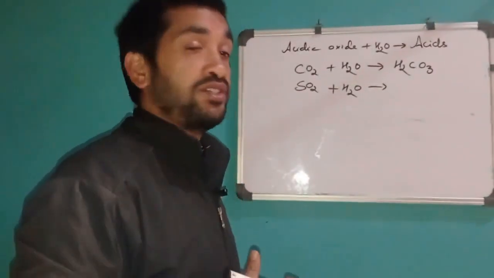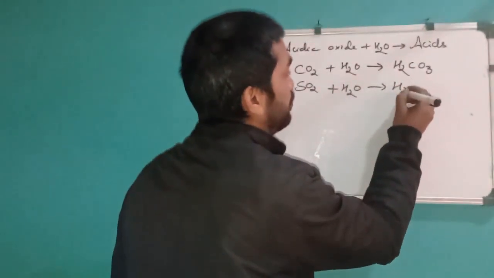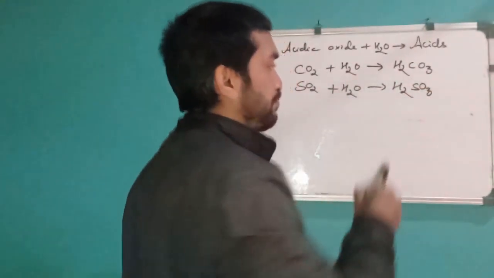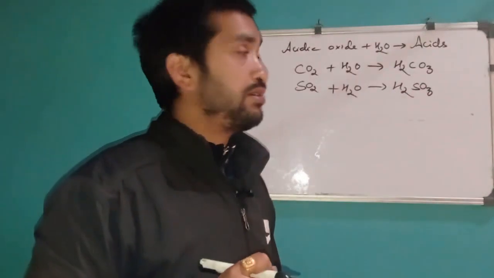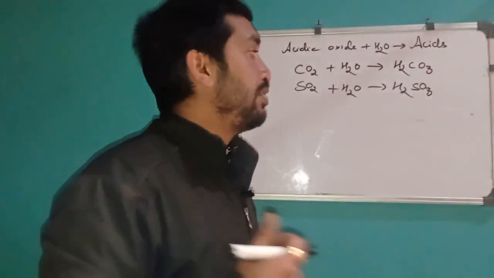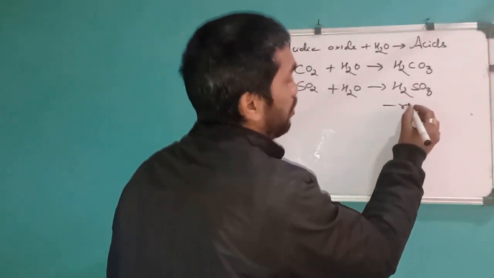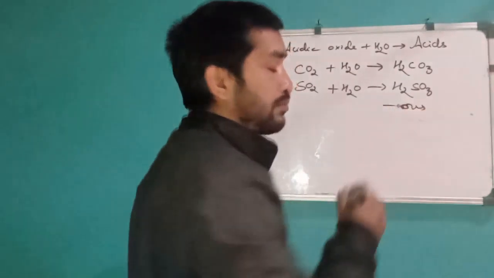So which acid has a chance to form here? It's H2SO3, sulfurous acid, not sulfuric acid. Why? Lower valency, so you have to add OUS.